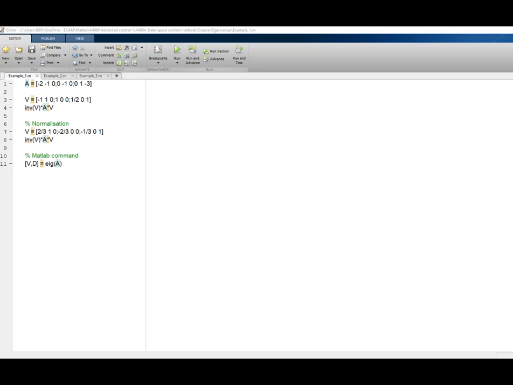Well, let us look at this first example in MATLAB. So this is the matrix A. This is the matrix V that we have obtained. We're going to compute V inverse AV. What is done over here is, instead of using the matrix V with columns (1, -1, -1/2), (1, 0, 0) and (0, 0, 1), we are going to use eigenvectors which have a length of 1.